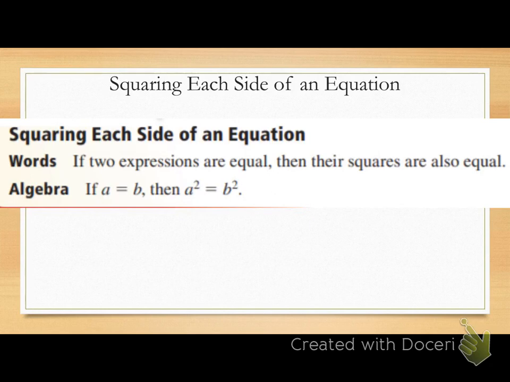If two expressions are equal, then their squares are also equal. So if I have a equals b, then I know that a squared also equals b squared. So to get rid of a radical, I can square both sides, and that'll cancel my radical out. If I square one side, I have to square the other.